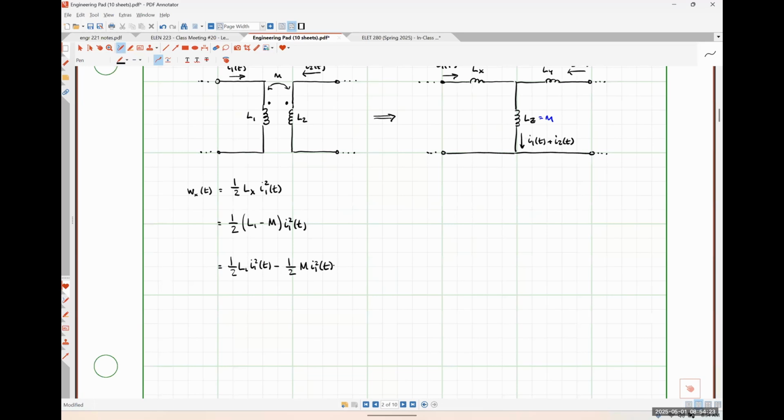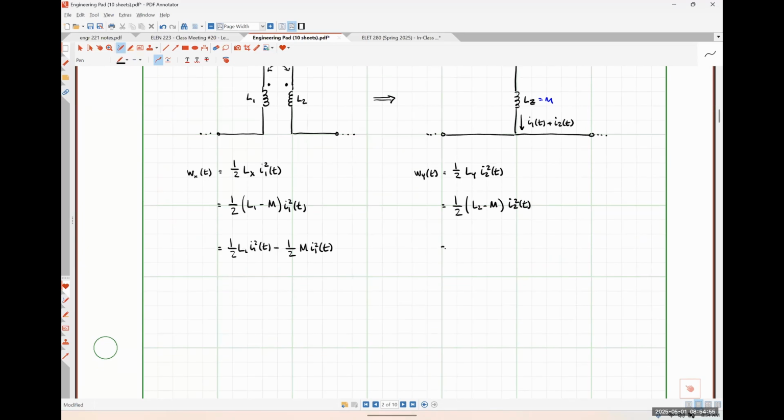Okay. So if we repeat this process, I'll do W_y over here. We'd start with 1/2 L_y times I2 squared, which would look like 1/2 times (L2 minus M) times I2 squared.